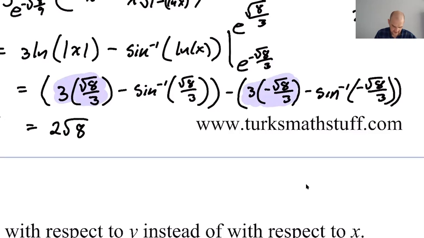And then we have negative sine inverse of this, minus negative is positive, so minus 2. I'm going to feel really good if this is right. And then the real question, 2 root 8 is definitely bigger than 2 times the sine inverse of anything, right? Because the range of sine inverse is negative pi over 2 to pi over 2. So that would be pi, 3.14, versus 4 times 1.4. Yeah, I think we got it right.